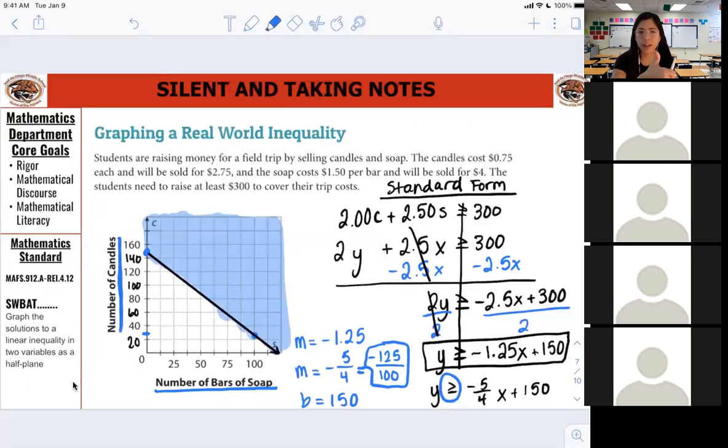Why is it a solid line? Because it's a greater than or equal to sign, exactly. The y-intercept was 150. Why was it at 150? Where did we get that number from? The equation. And finally, it is shaded above. I know that because of what?